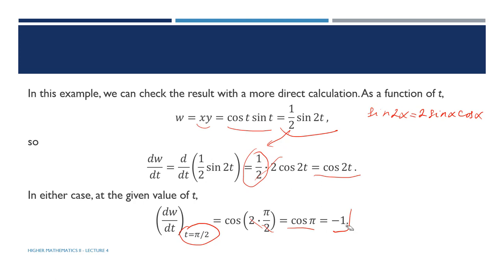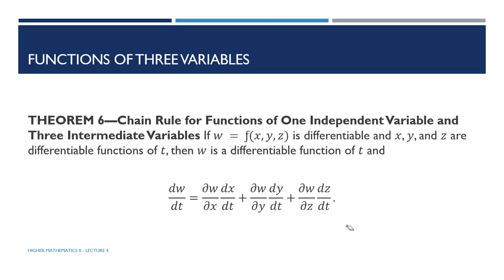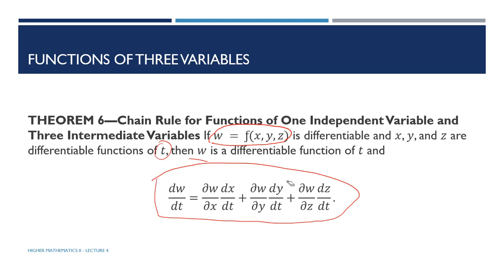There are also functions of 3 variables. In Theorem 6, the chain rule for functions of 1 independent variable and 3 intermediate variables: if w equals f of x, y, z, and it's differentiable, and x, y, and z are differentiable functions of t, then w is a differentiable function of t. If you remember, and if you look carefully at this expression, it's the same, except this part.